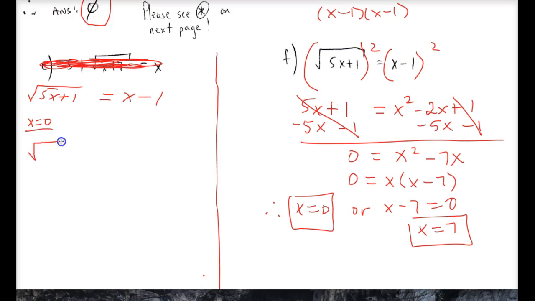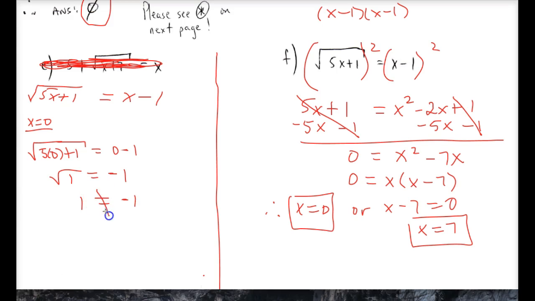So we'll come here and say square root of 5 times 0 plus 1 equals 0 minus 1. And of course, 5 times 0 is just 0. And 0 plus 1 is 1. So we have this situation here. The principal root of 1 is 1.